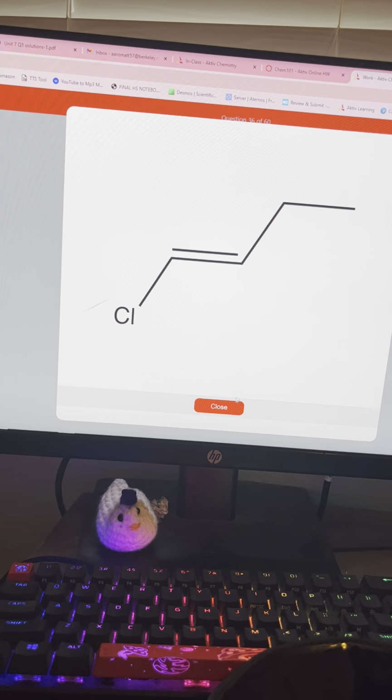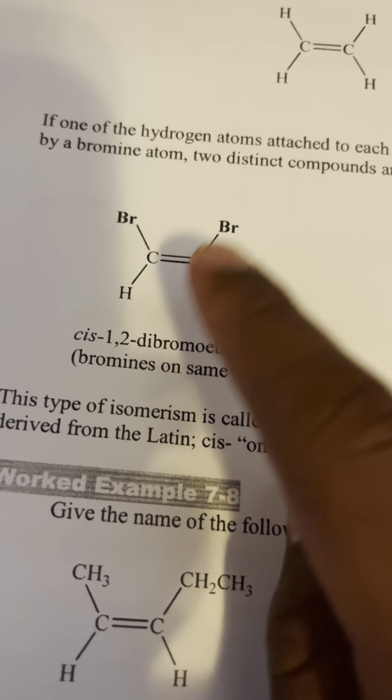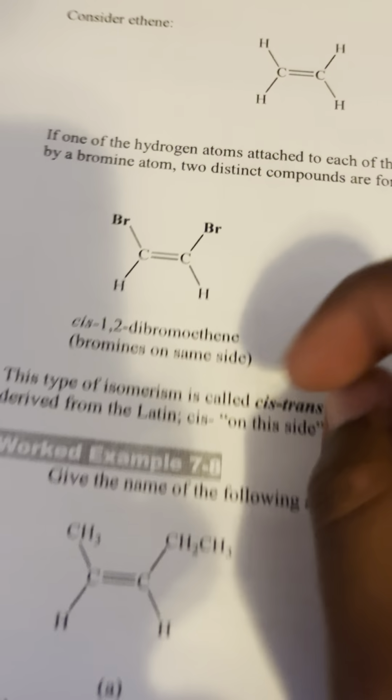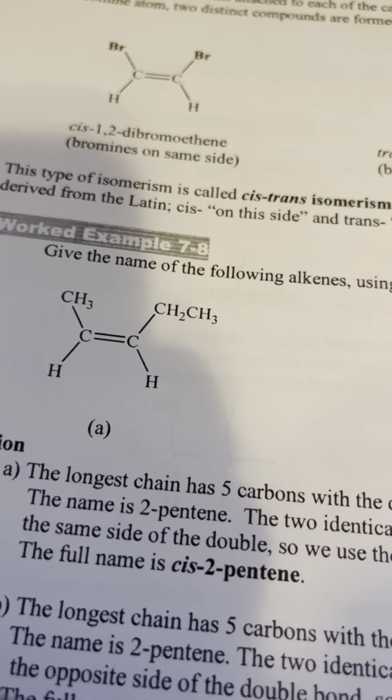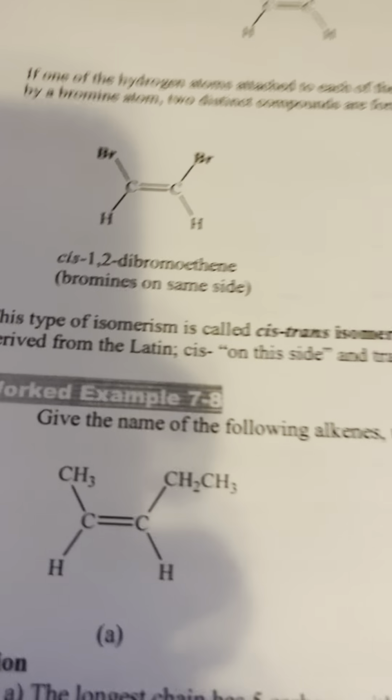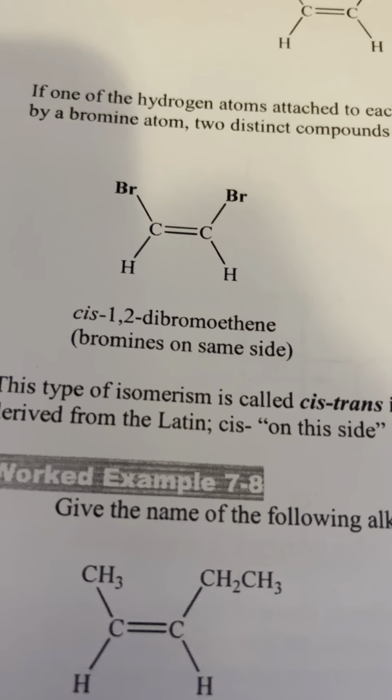All right, next here. So we have to learn about cis molecules and trans molecules. Okay. Cis molecules are where a certain atom is on the same side of a double bond.